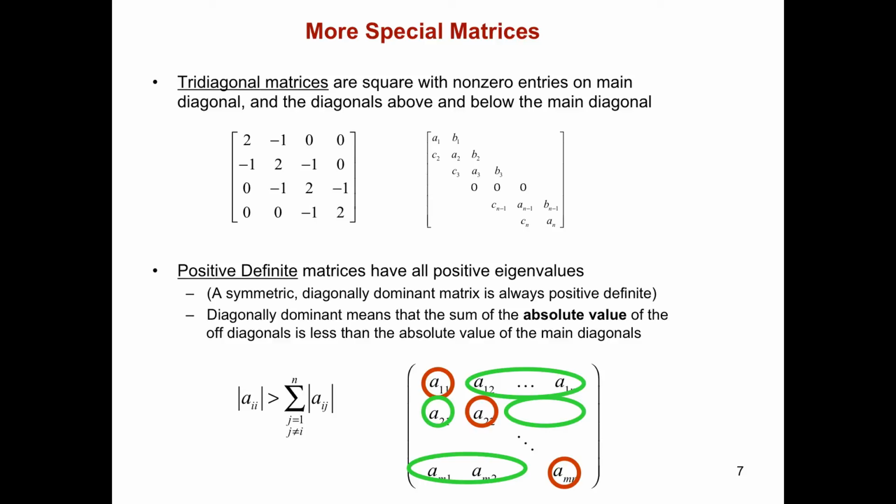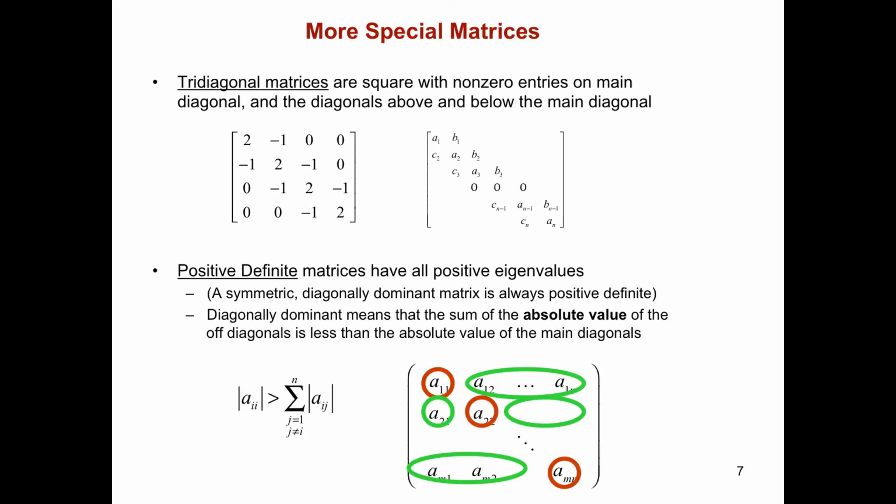Anyway, I can tell that I have a so-called positive definite matrix, which has all positive eigenvalues, so I'm not going into negative values. If I look at the elements on the diagonal, and for instance let's look at the first row, A11 has to be larger in absolute value than the sum of the absolute values of all the others.